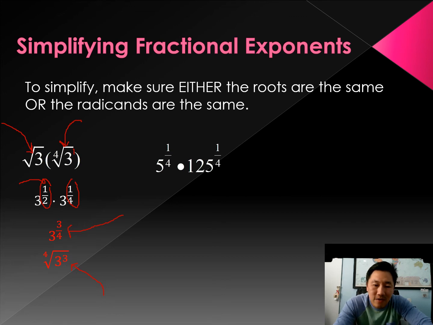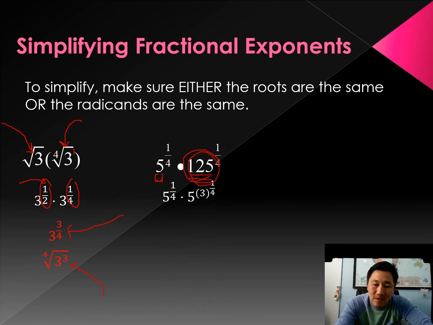So here we have the exponents are the same, which means the roots are the same, but the radicands are not the same. So we have to change this so that there's a 5 there. There's a nice way of changing the 125 so it's 5.